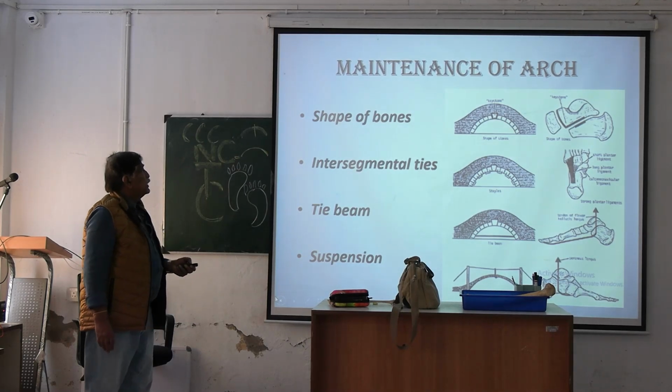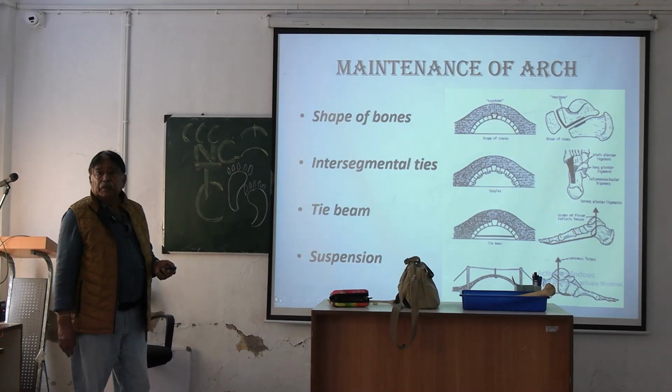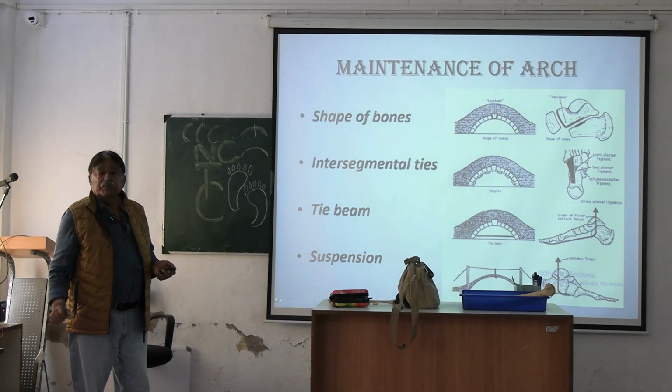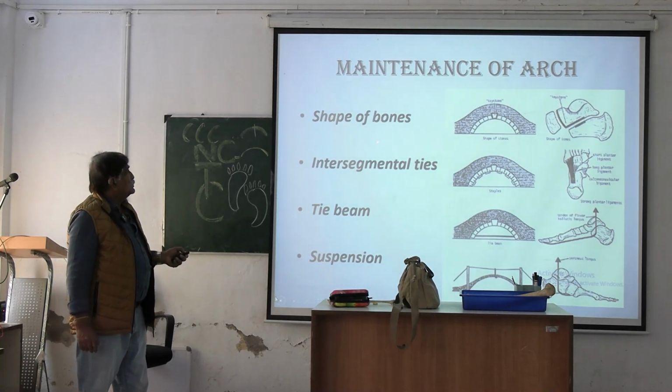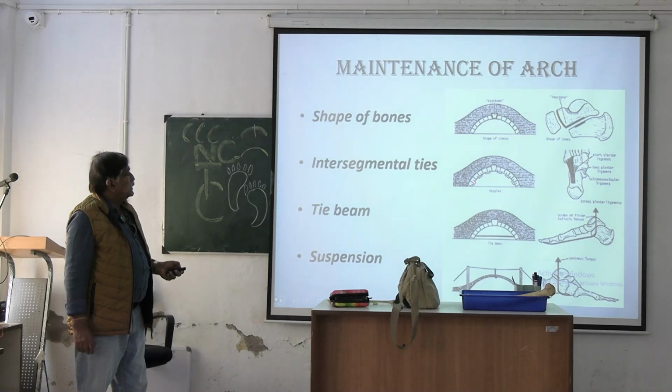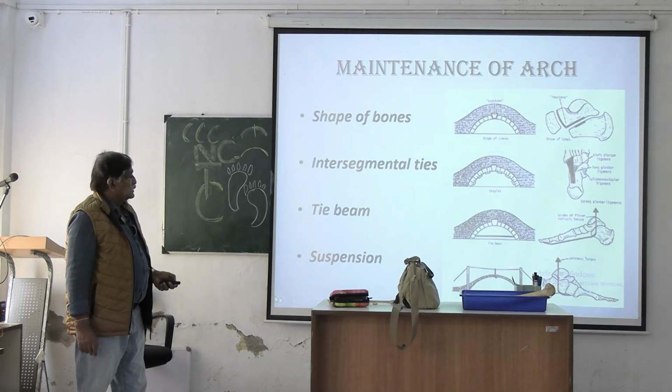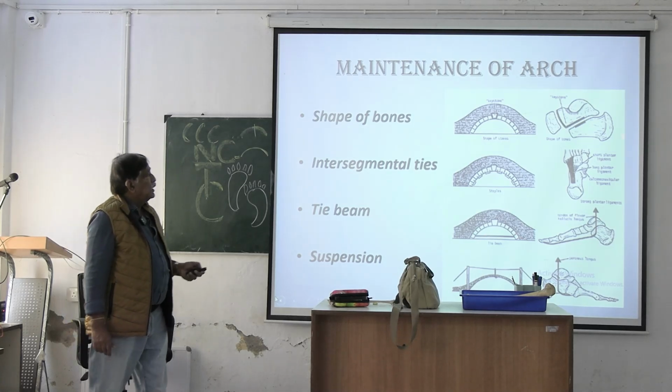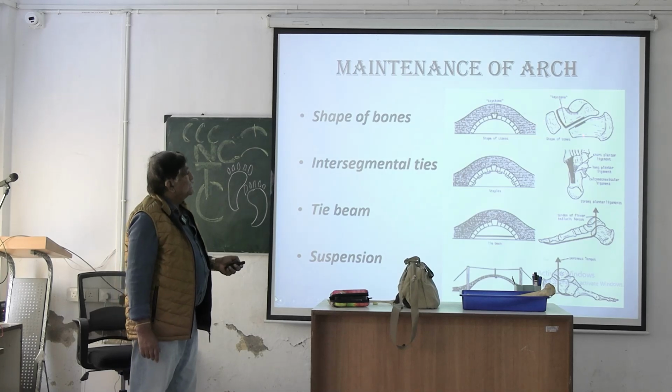Now, maintenance of the arch. What is the maintenance of the arch? Shape of bones, intersegmental ties, tie beam, and suspension. Each of these ligaments, shape of the bones, these are the staples here.